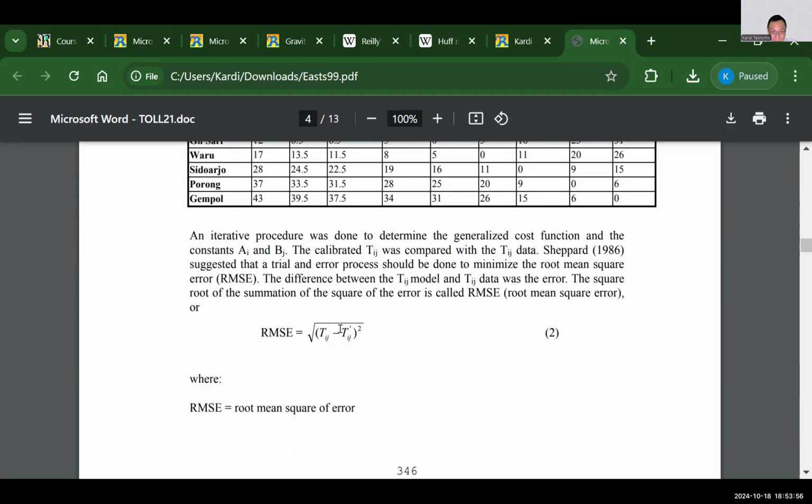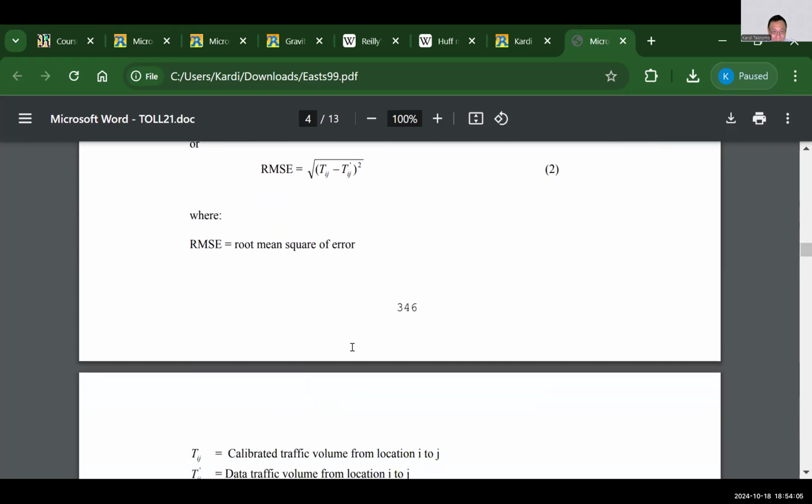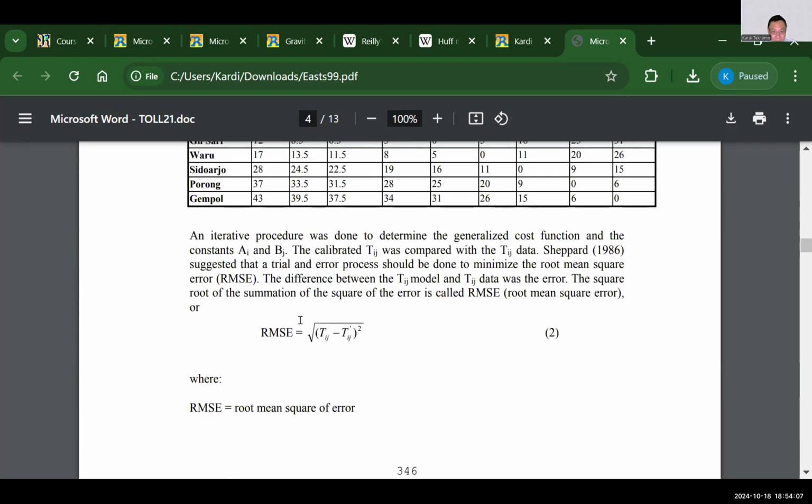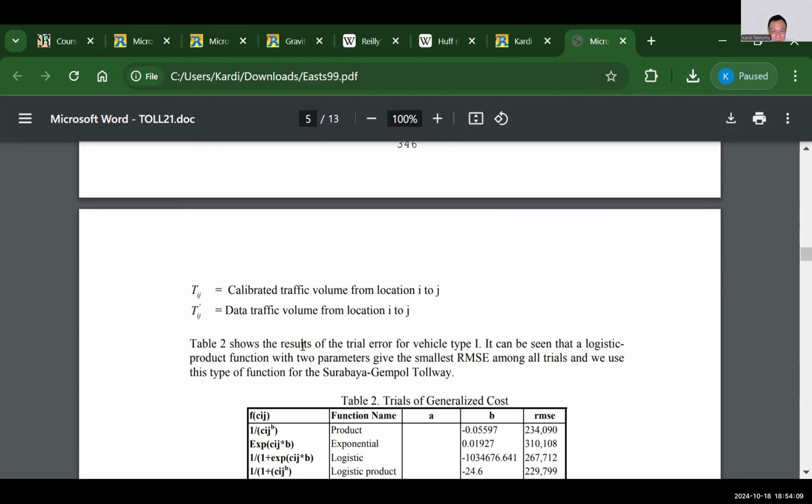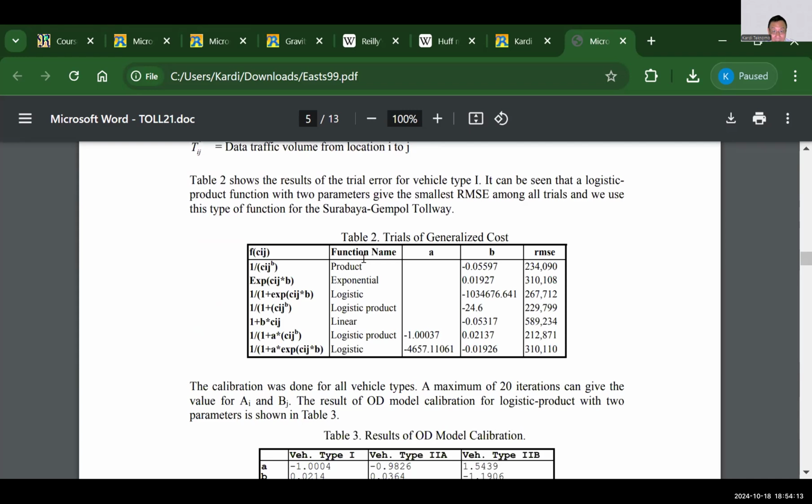And we use root mean square error, basically like the SSE, to get the error. Then I tried many different functions, generalized cost.